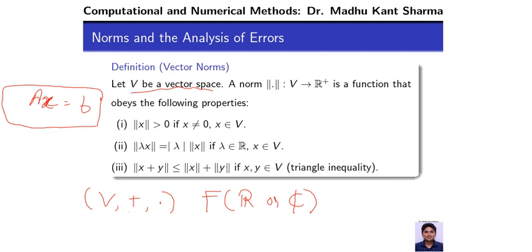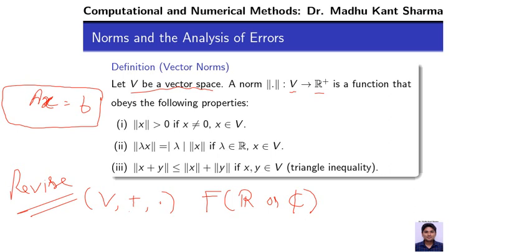So revise what it means when you say V is a vector space. We say that a norm is a function always defined from a vector space to the set of all non-negative real numbers.